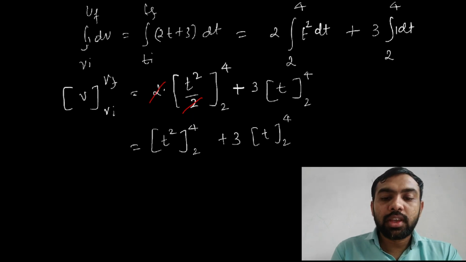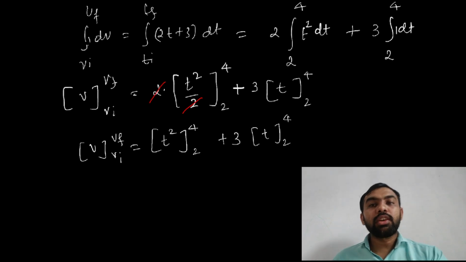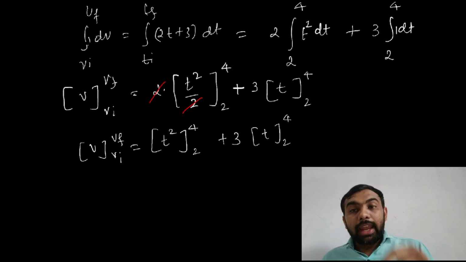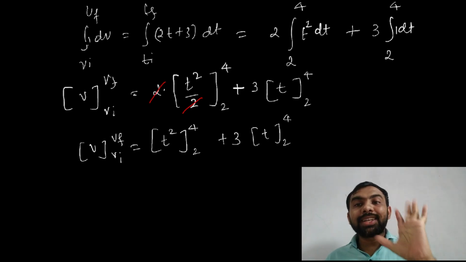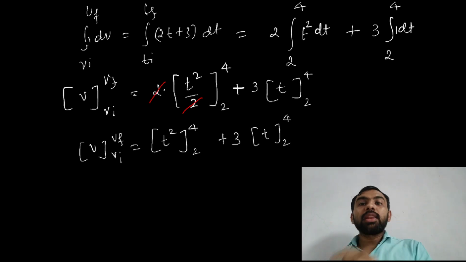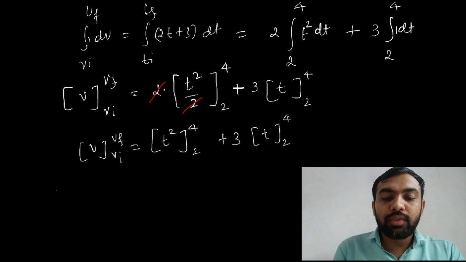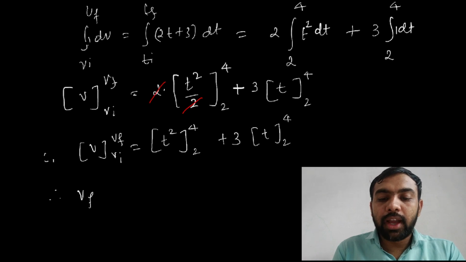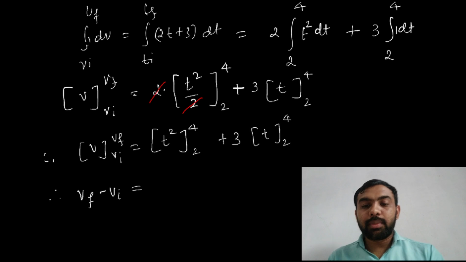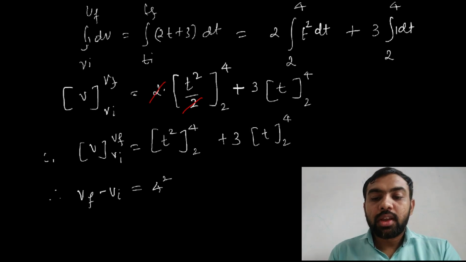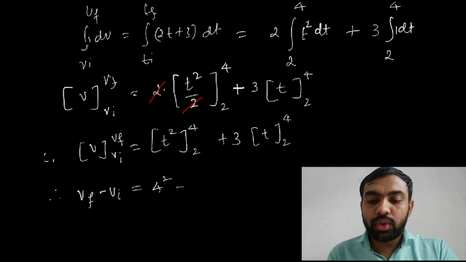Put the limits, and on the left v initial to v final. Whenever you put the limit, it is final minus initial. So we get v final minus v initial is equal to, first you put the upper limit, so 4 square, minus you put the lower limit, so 2 square.